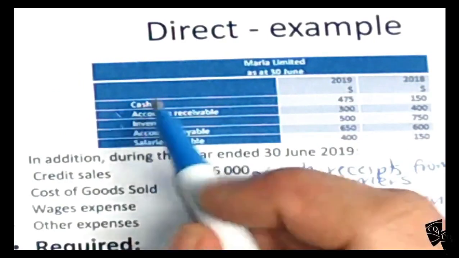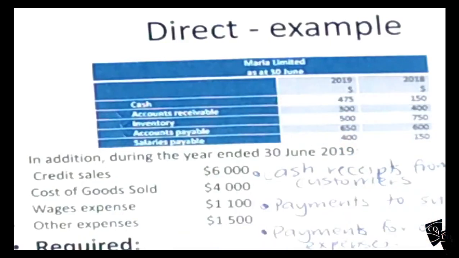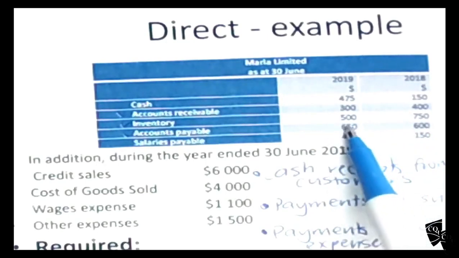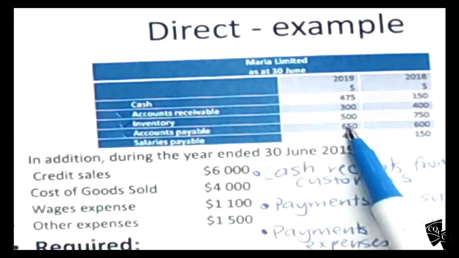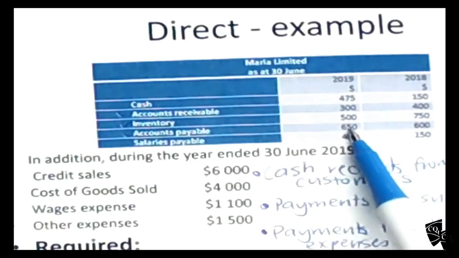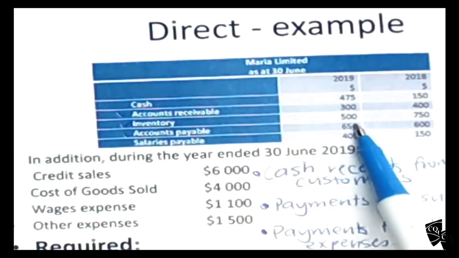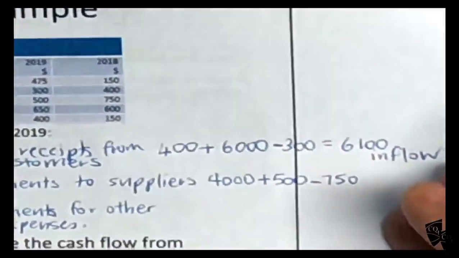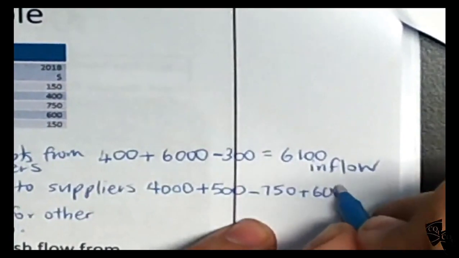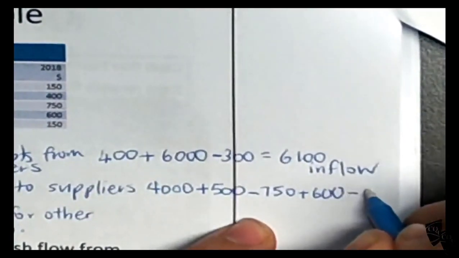And now I have to do the same logic for accounts payable that we looked at for the cash receipts from customers. So we have to add the opening balance of accounts payable and take off the closing balance. Remember, hopefully we've paid all of the cash to our suppliers by now, otherwise they'll be cranky with us. And we haven't paid this in cash, so we have to take that off. So again, add the opening balance, which we have paid in cash, take off the closing balance.